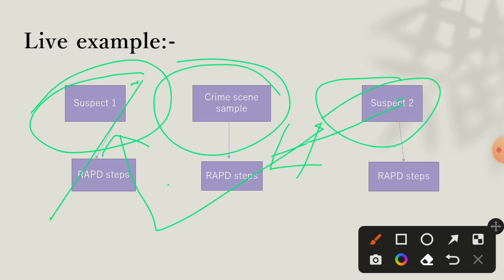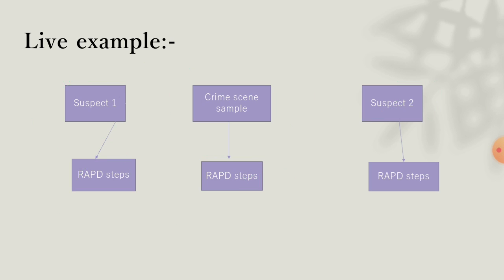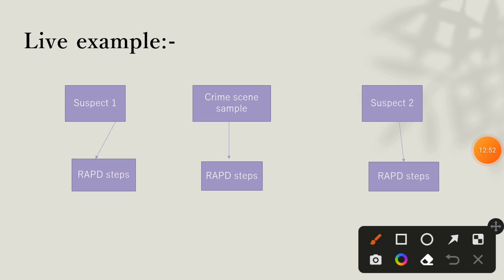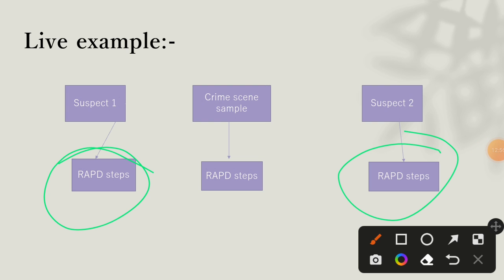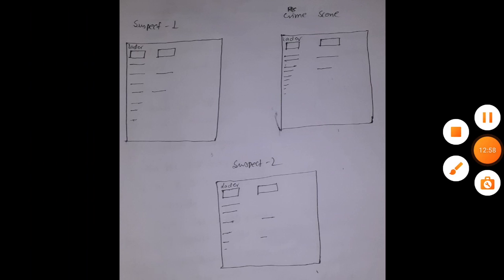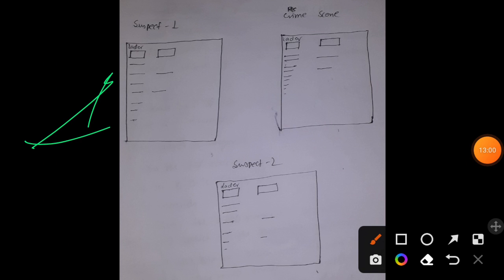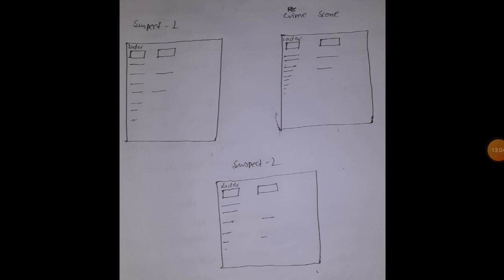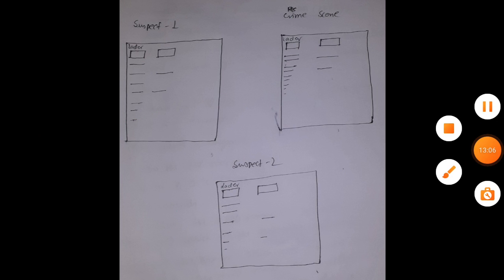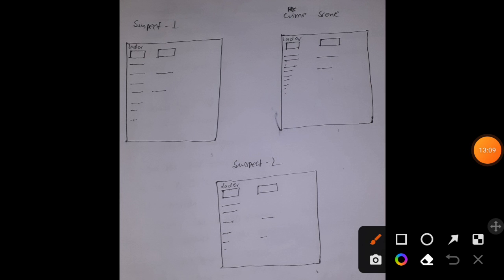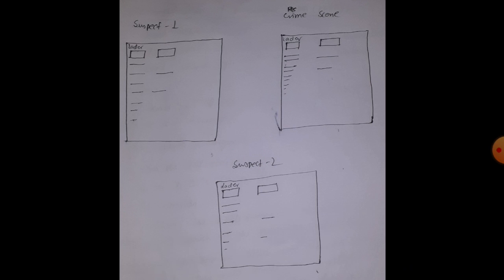From those samples your forensic scientist isolated the DNA, and from that DNA performed the RAPD. After the test, your forensic scientist has got the 3 agarose gel plates. Now he or she will compare the 3 plates and try to find out which of the 2 plates resemble, or which of the 2 plates are similar, right?